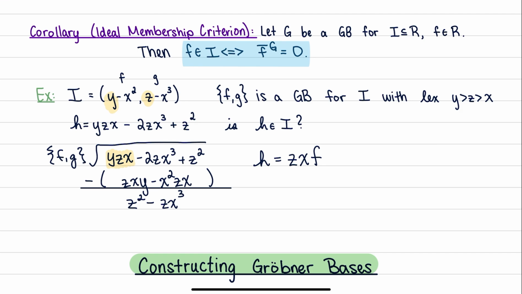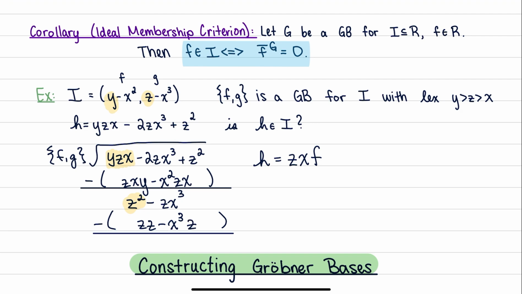Okay, so now I need to identify the leading term of this intermediate polynomial here. I don't care about degree, I just care who has more z's, and that is z squared. And then I have to use g to cancel this. So I'm going to put g here, and I need to multiply just by one more z to get that to cancel.